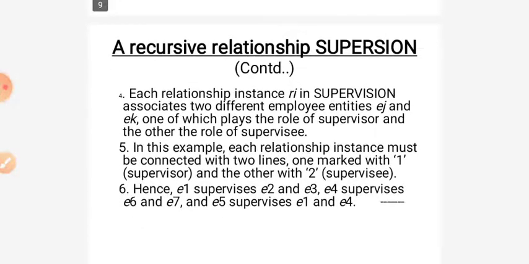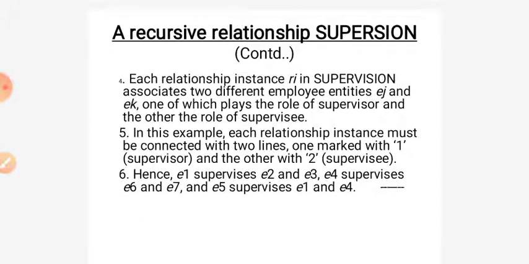Continuing our discussion, recursive relationship, that is the supervision example. Point number 4, each relationship instance Ri in supervision associates two different employee entities Ej and Ek. Two different subscripts are used to distinguish two different employees, one of which plays the role of supervisor and the other the role of supervisee.